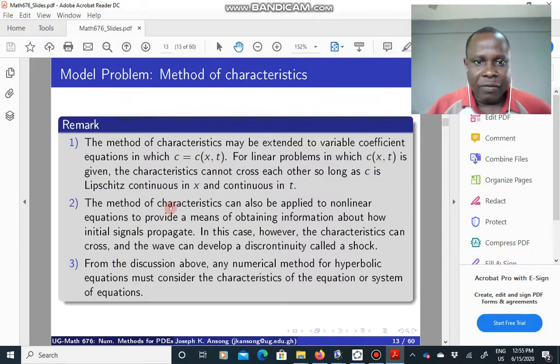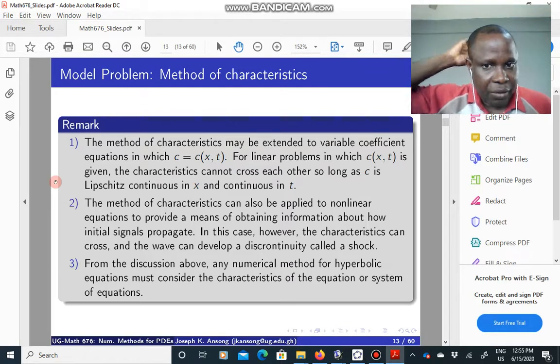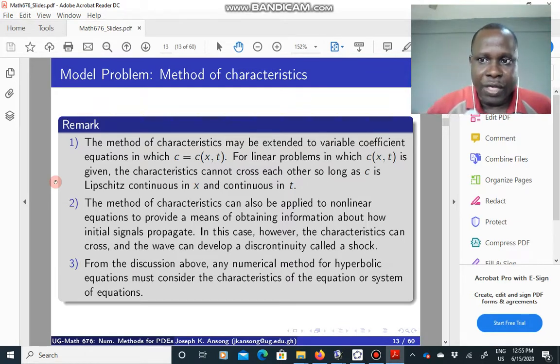So the method of characteristics is actually very powerful. There are whole books written on it if you are looking at the theory of PDEs, so you can look at it later on. Here we are just using this to help us with the numerical methods that we're going to introduce. It can be extended to variable coefficients, when c is a function of x and t.